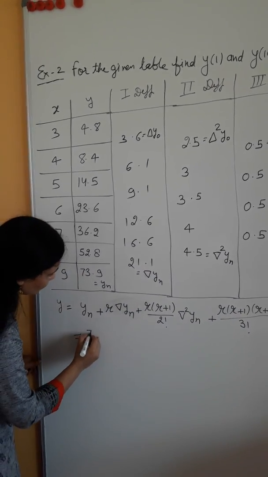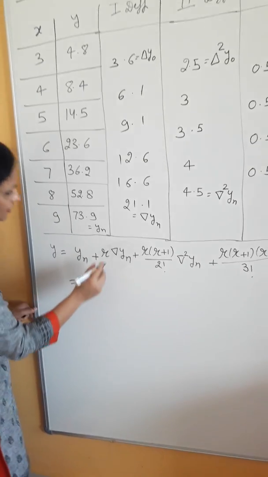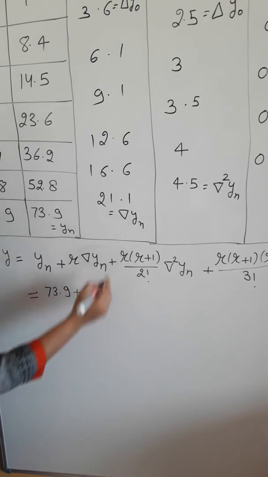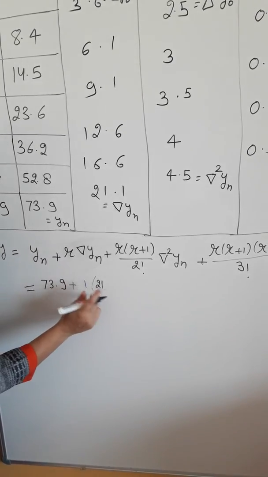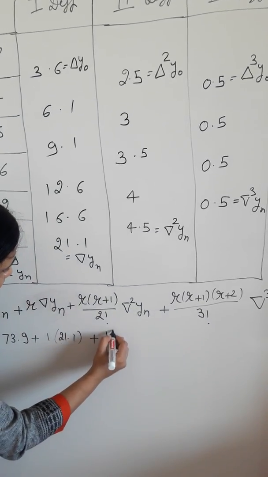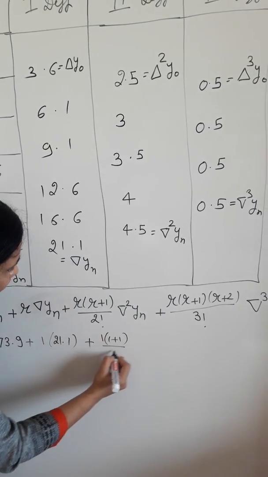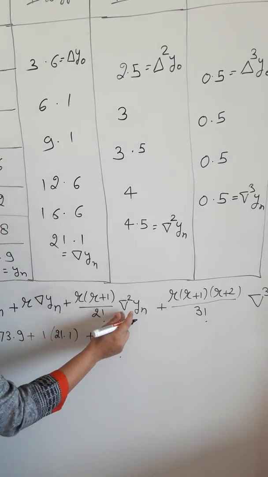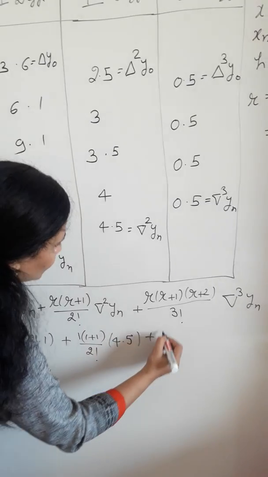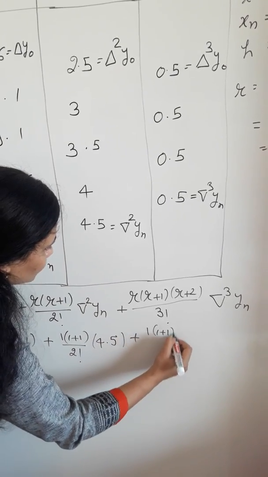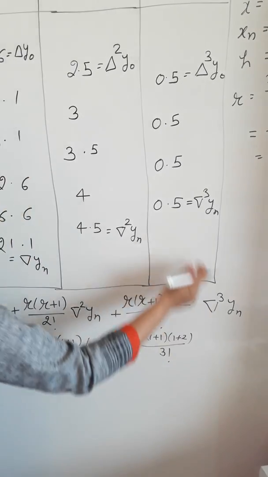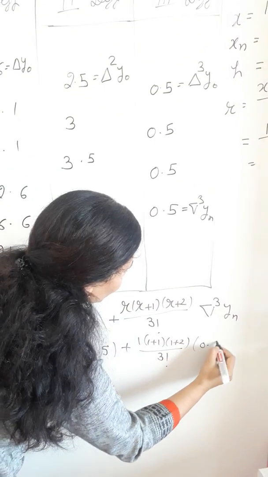yn is 73.9, plus r, that is 1, into nabla yn, 21.1, plus 1 into (1 plus 1) by factorial 2, nabla square yn, 4.5, plus 1 into (1 plus 1) into (1 plus 2) by factorial 3, nabla cube yn, which is 0.5.